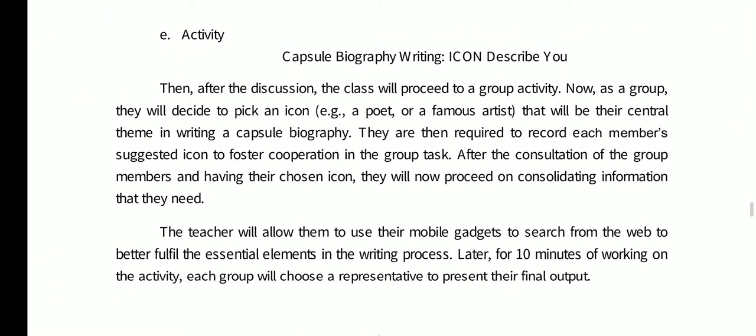After this, the class will be engaged in a writing activity entitled Capsule Biography Writing: Icon Describe You. Here's where, as a group, they will pick an icon, for example, a poet or a famous artist, which will be their central focus in writing a capsule biography.